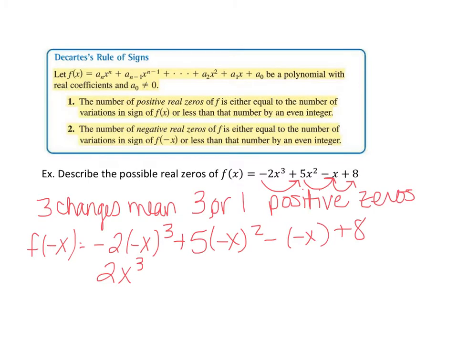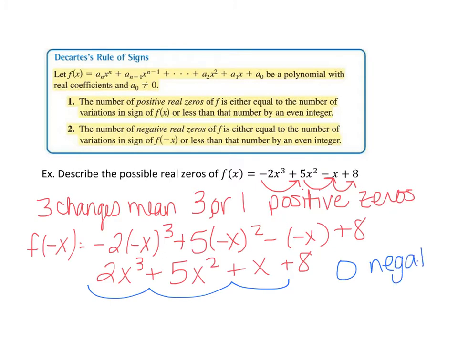A negative squared is going to become a positive, so this is going to stay positive 5x squared plus x plus 8. And now you count your sign changes. Same, same, same. So there are 0 negative zeros or roots.